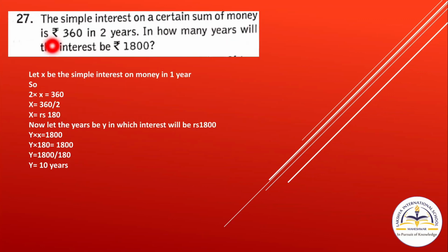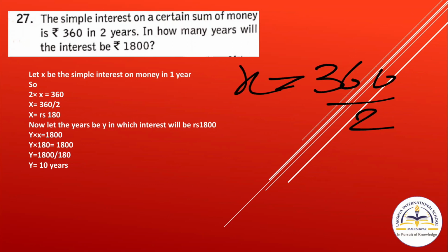Now question number 27. The simple interest on a certain sum of money is rupees 360 in 2 years. In how many years will the interest be rupees 1800? Now let x be the simple interest on the money in 1 year. So 2 multiplied by x equals 360. Now x equals 360 divided by 2. It means 180.